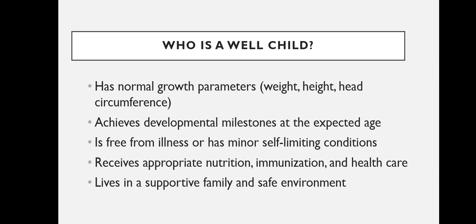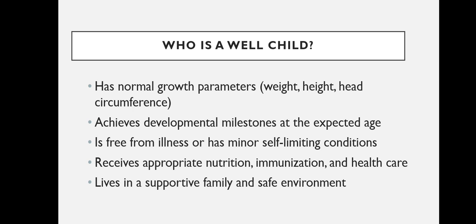Is the child able to stand or walk by the age of 1 year? Some children even walk at 10 months. Is the child able to talk or make some words at the age of 2? Is the child able to make meaningful sentences at the age of 3? All those things we want to look at: have they achieved their developmental milestones at the expected age?